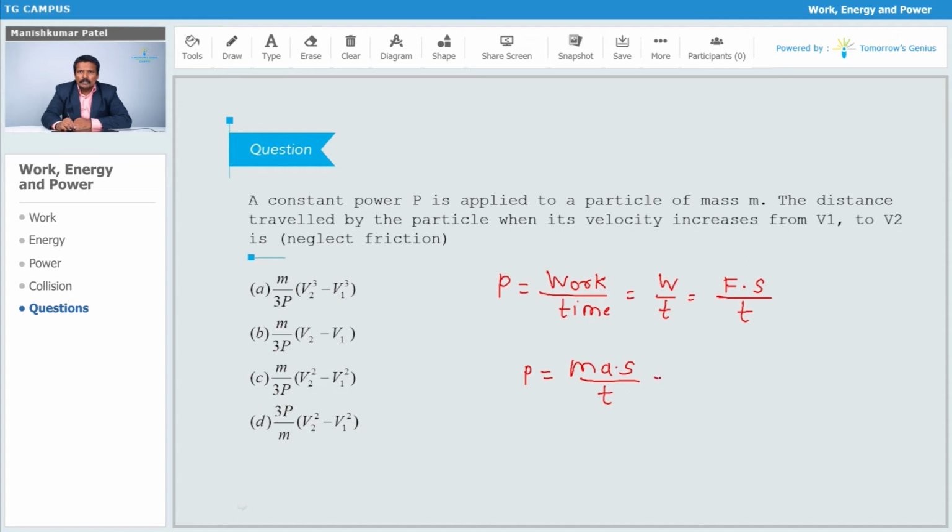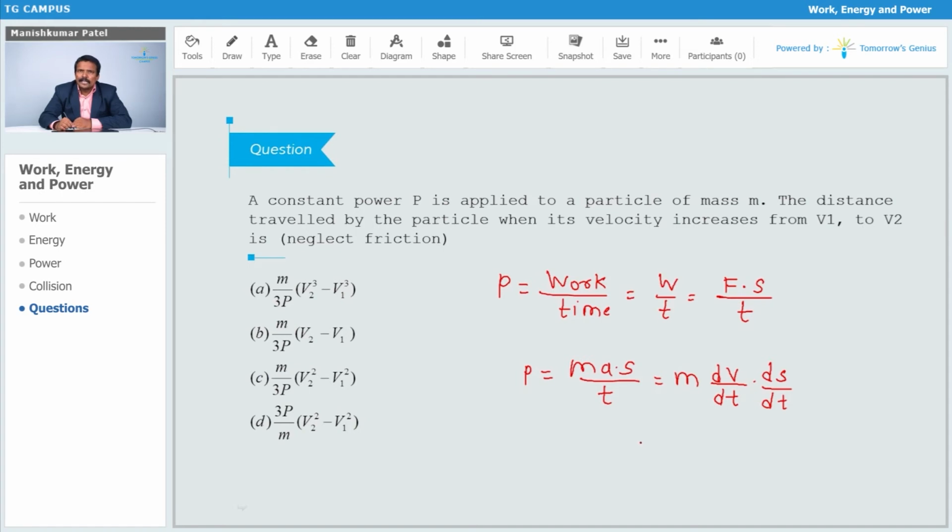Further, we can say that it is mass into acceleration into s upon time. So further, it is m, and acceleration is dv upon dt, and this is ds upon dt for this particular case.